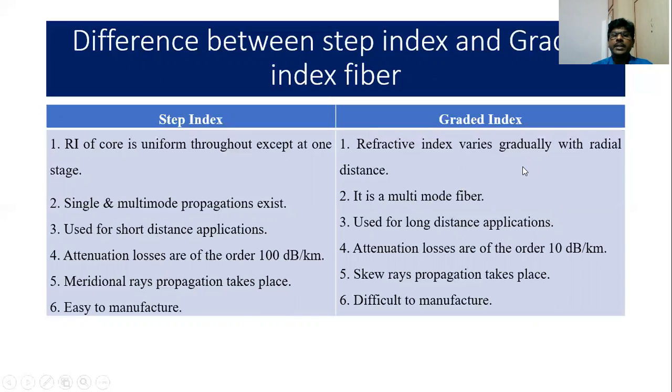What about graded index fiber? Refractive index varies gradually with radial distance in the core itself. It is a multimode fiber used for long distance applications. Attenuation losses are of the order of 10 decibels per kilometer. Skew rays propagation takes place and it is difficult to manufacture. These are the differences between a step index fiber and a graded index fiber.